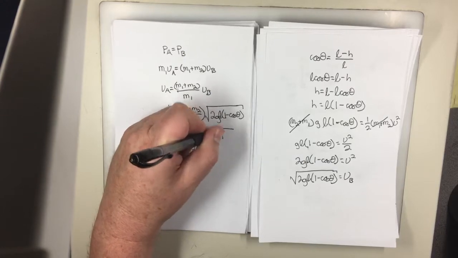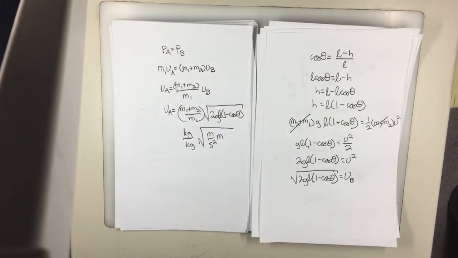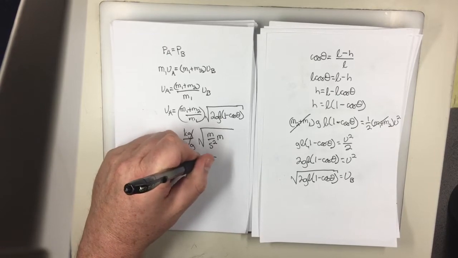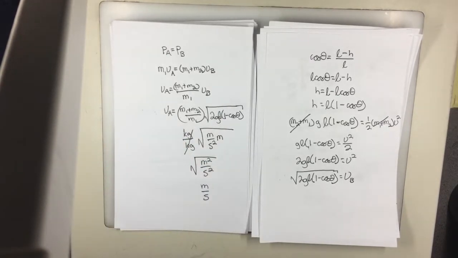L is in meters. 1 minus cosine theta, all of them are numbers, so they don't matter. I'm left with the square root of meters squared over second squared, which gives me meters per second. So the units do check. This is one of the major advantages of alphabet soup mode over plug and chug, because you can double check your units. I've double checked, I feel very confident in it.